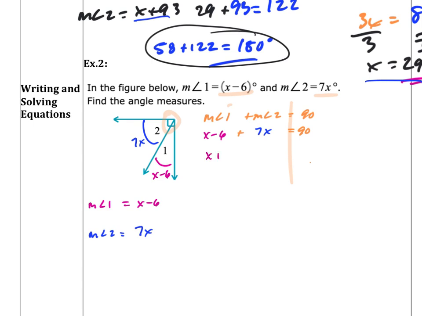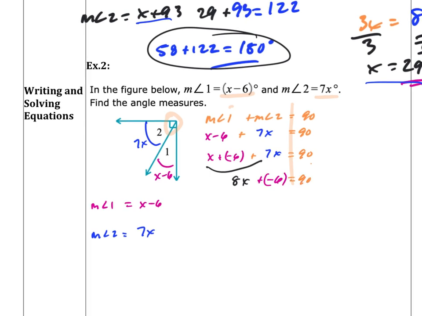So you're going to have x plus negative 6 plus the 7x equals 90. We're going to combine like terms, right? So we're going to put the x and the 7x together. It's going to give us 8x plus negative 6 equals the 90.